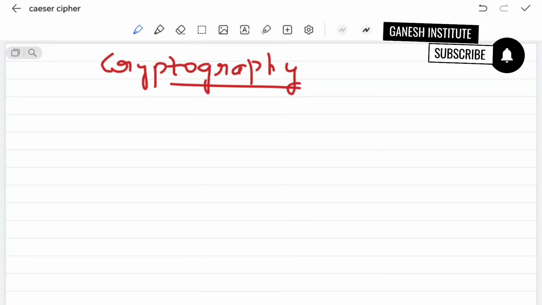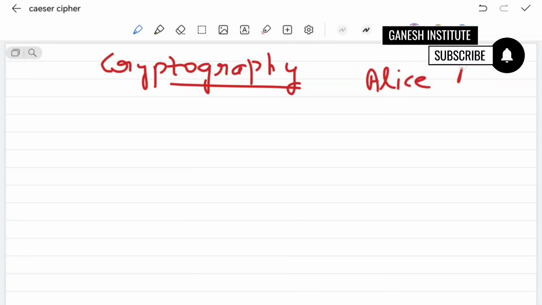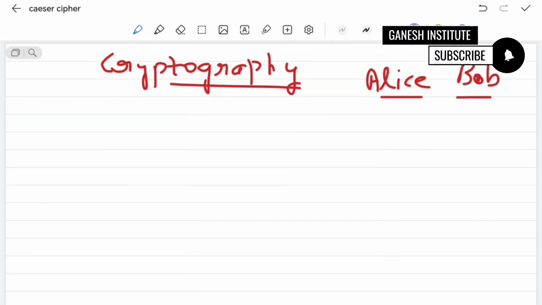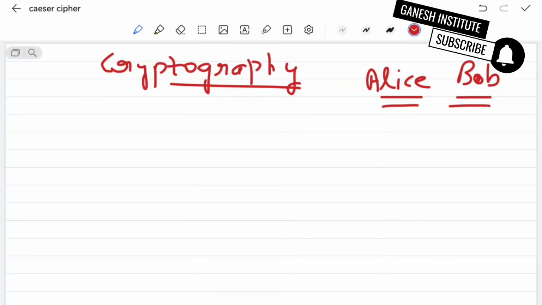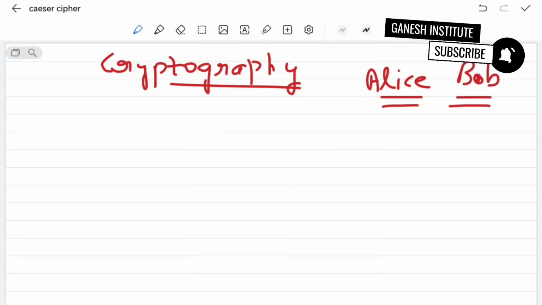Okay. So when there are two parties, let's say Alice and Bob, because this is the usual convention. These are the general names in cryptography. So we have one person Alice and one other person Bob.